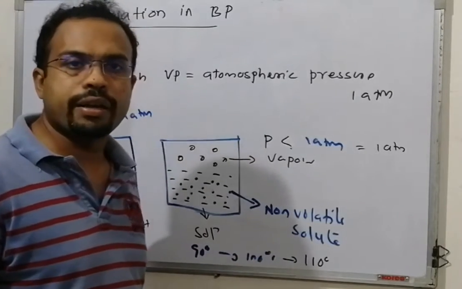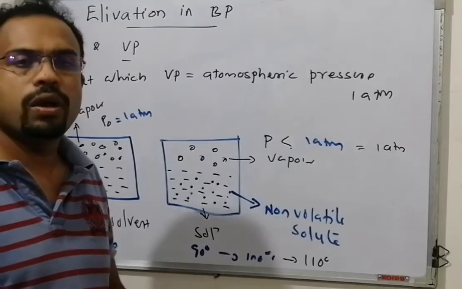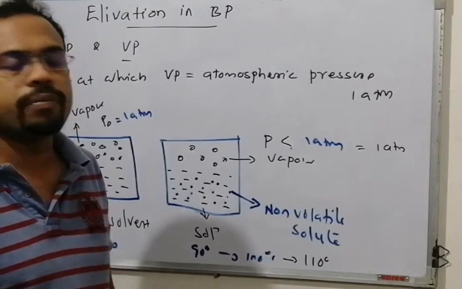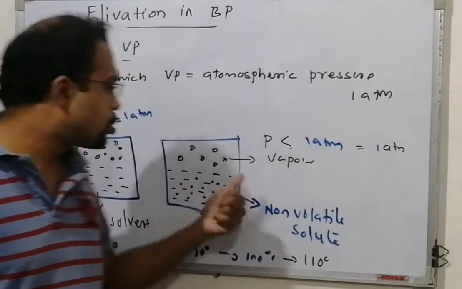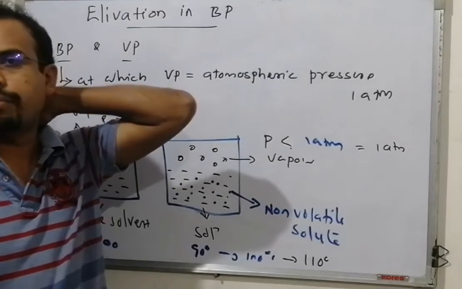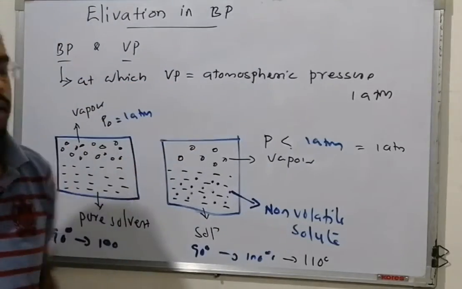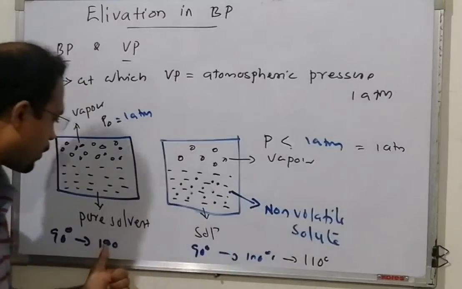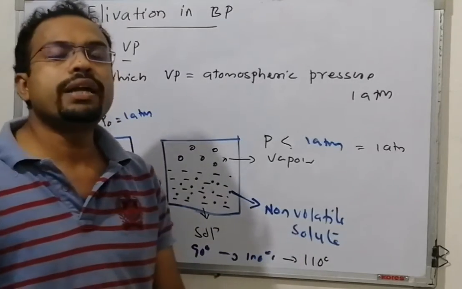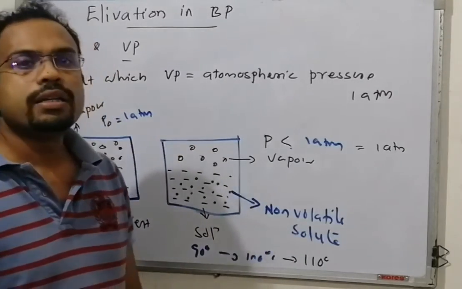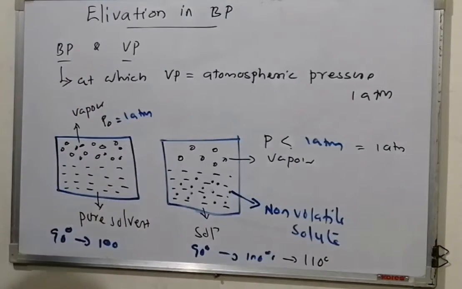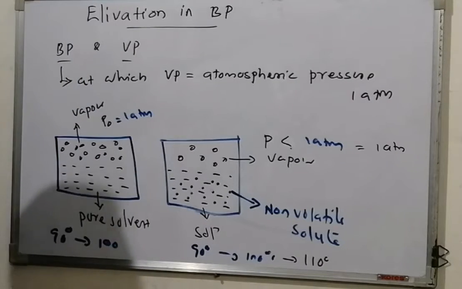Suppose 110 degrees; only then does it become 1 atm. Only at that temperature does the solution boil. Therefore, this increase in temperature from 100 to 110 degrees when solute is added is called the elevation in boiling point. Is it clear?